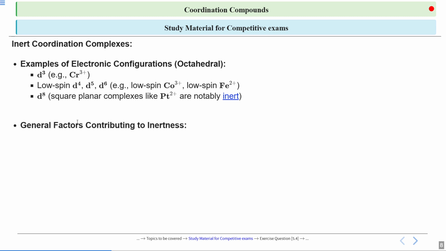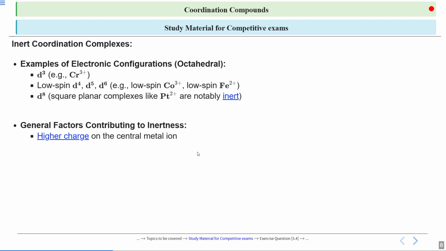The general factors contributing to inertness: first is higher charge on the central metal. When you want to identify whether a coordination complex is going to be inert, what are the factors contributing towards its inertness? The first is a higher charge on the central metal ion.